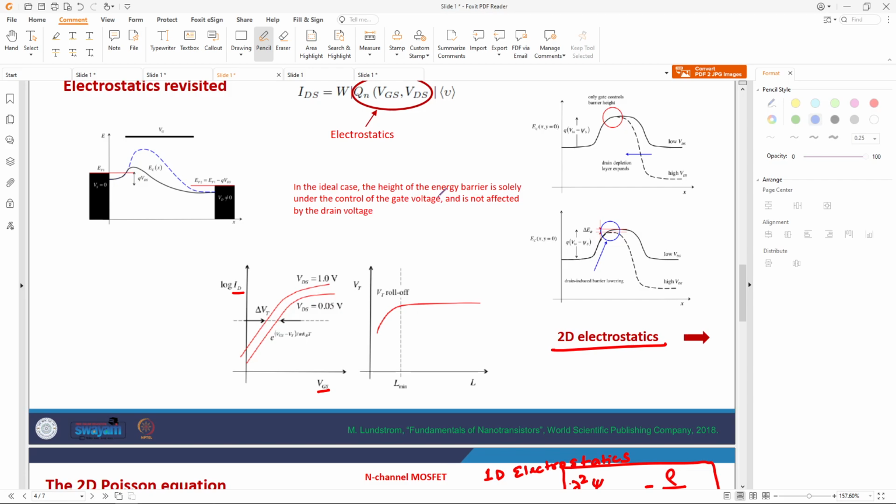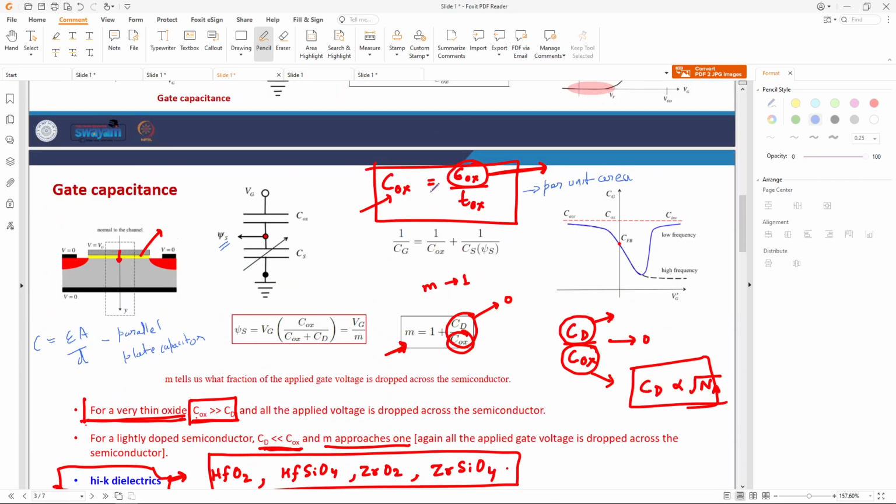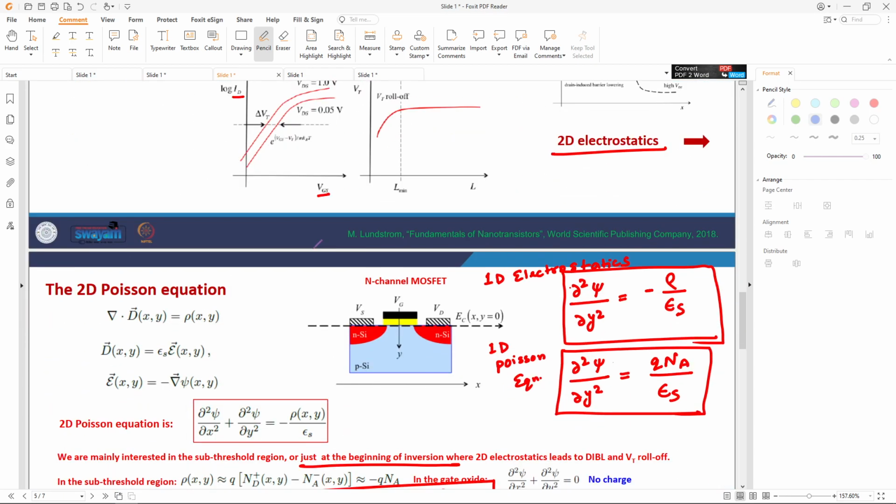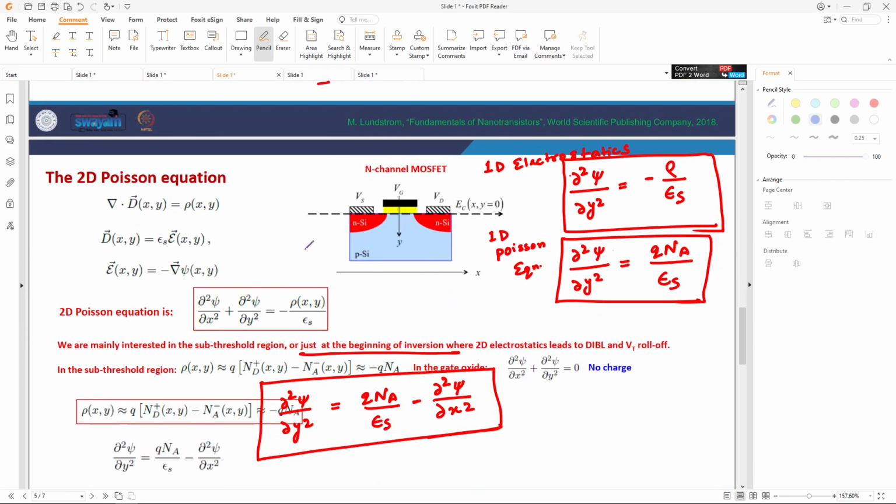Now we are not just doing electrostatics in one dimension. We have to consider electrostatics in two dimensions, in the x direction and the y direction, in order to study things like DIBL. How do we start 2D electrostatics? Same method as before.